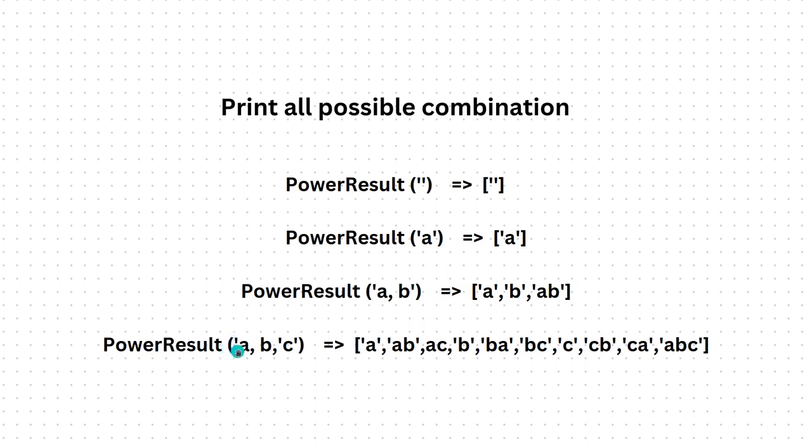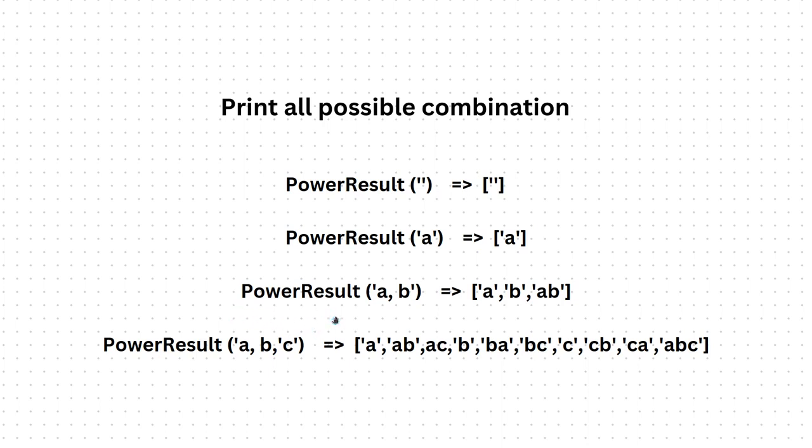If we pass in 3 items, it's going to print out all possible combinations. You can see the runtime will grow as the input size increases. So this is a clear example of how the big O of 2 raised to power n works.